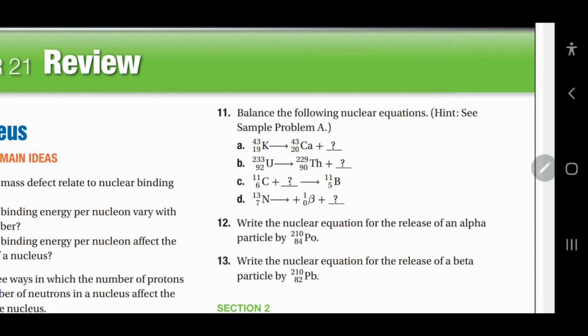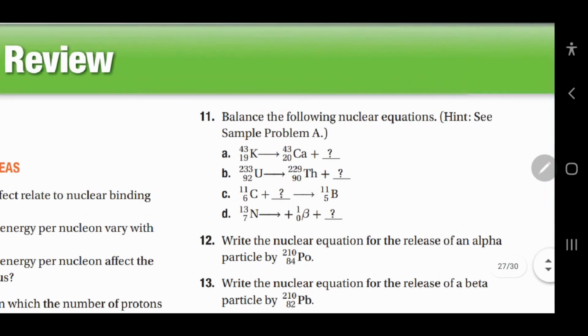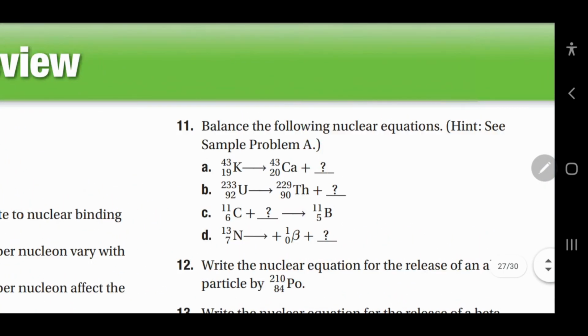The atomic mass is the same, which is 43. So the particle here in the first equation, will it be an alpha particle or a beta particle? What do you think? Of course, it will be a beta particle, or an electron released.